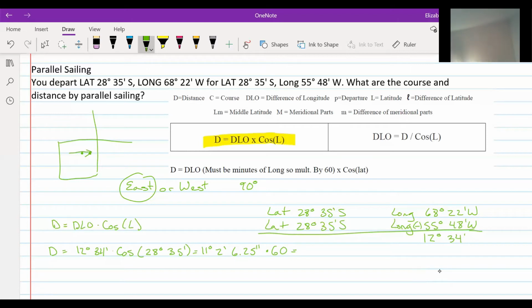So we're just converting degrees into minutes, and minutes equals nautical miles. 662.1 nautical miles is our answer.